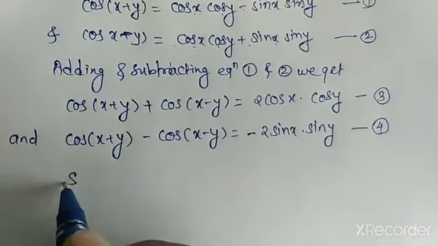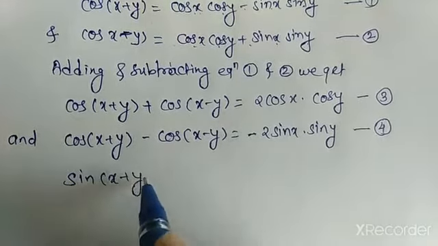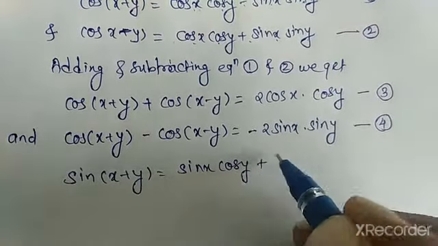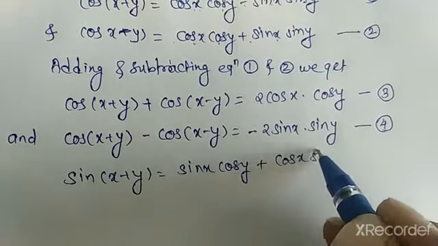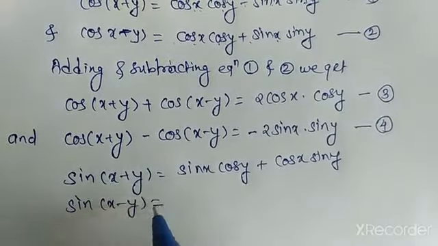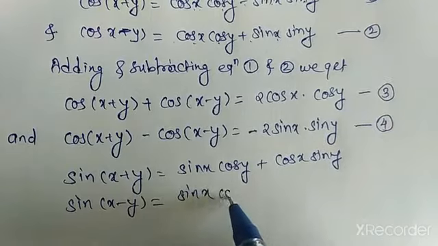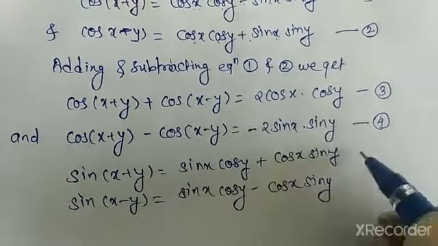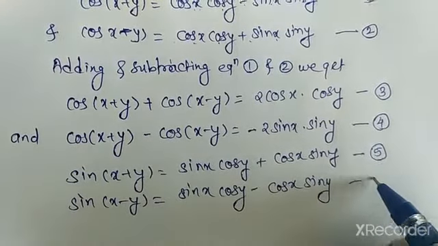Also sin (x plus y) is equal to sin x cos y plus cos x sin y, and sin (x minus y) is equal to sin x cos y minus cos x sin y. Write them as equations 5 and 6.